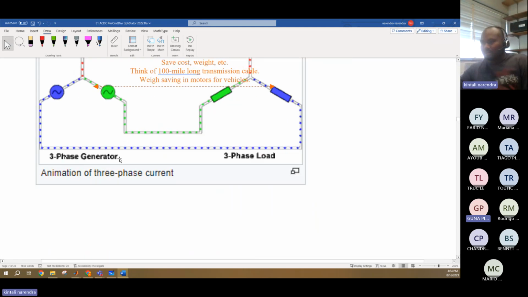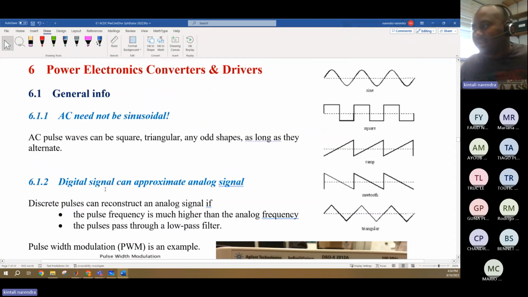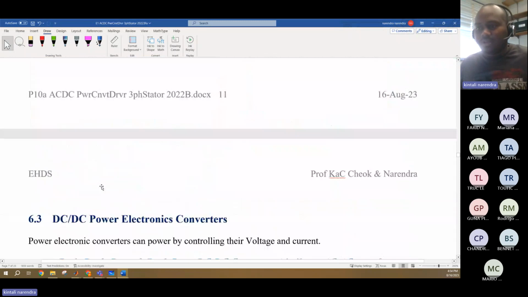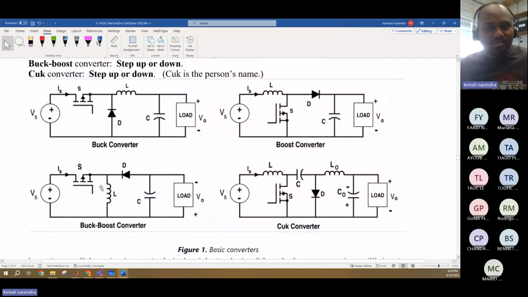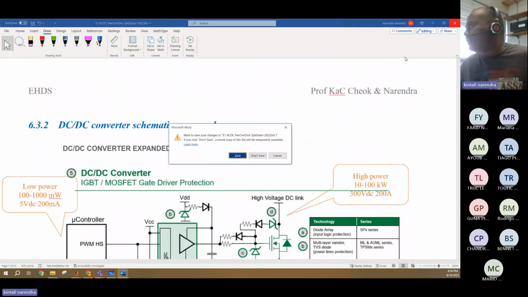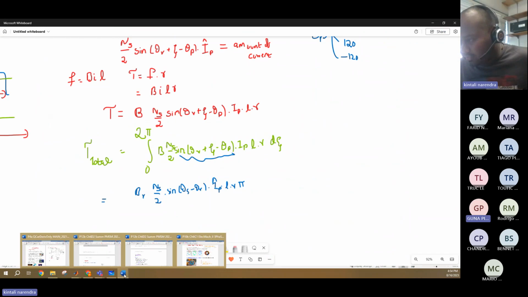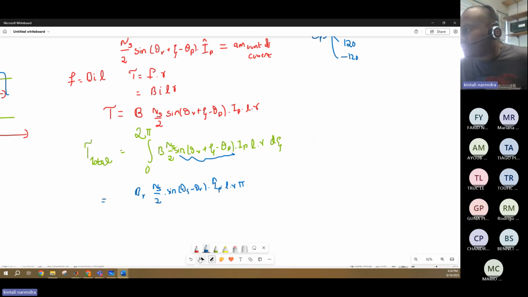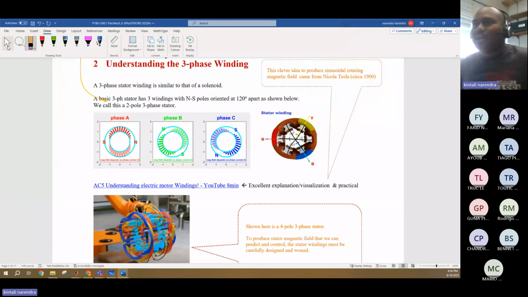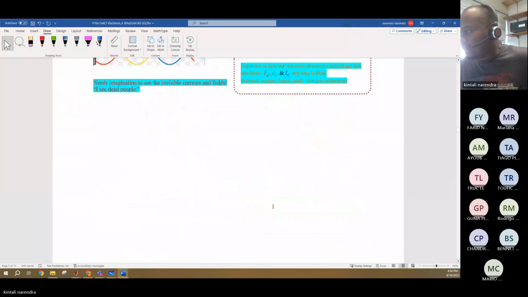Theta p is the position of the phase, or the phase angle, for the three different magnetic fields. I will show you.